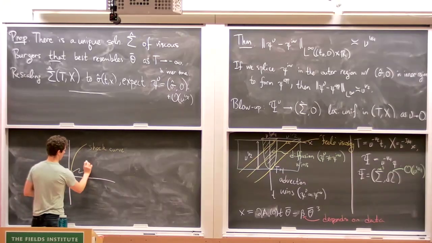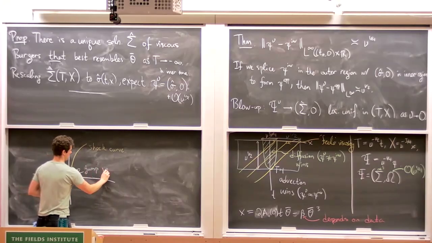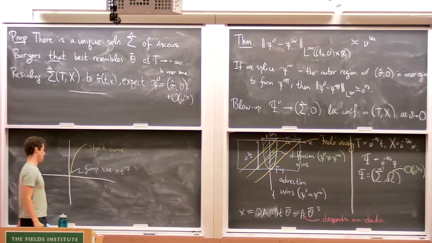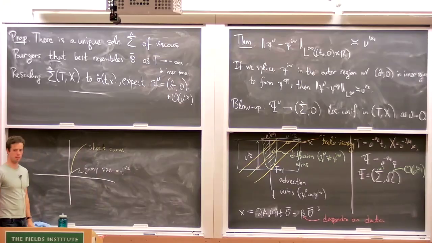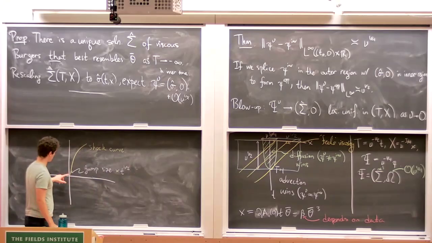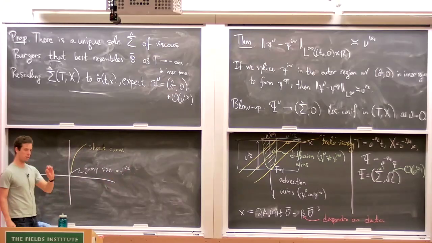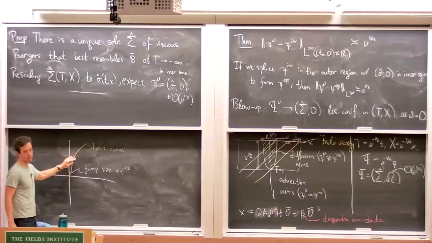The jump size should be of order, off the top of my head, I believe it should be t to the 1/2, but I should probably double check that before being too confident about it. But the point is there's some positive power of t here that will give you the size of your jump that is growing from 0 at the origin to, again, something of fixed size later on.